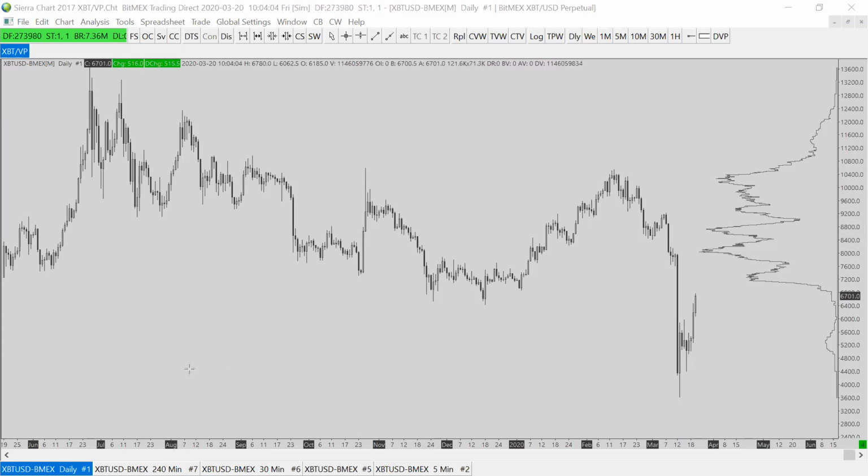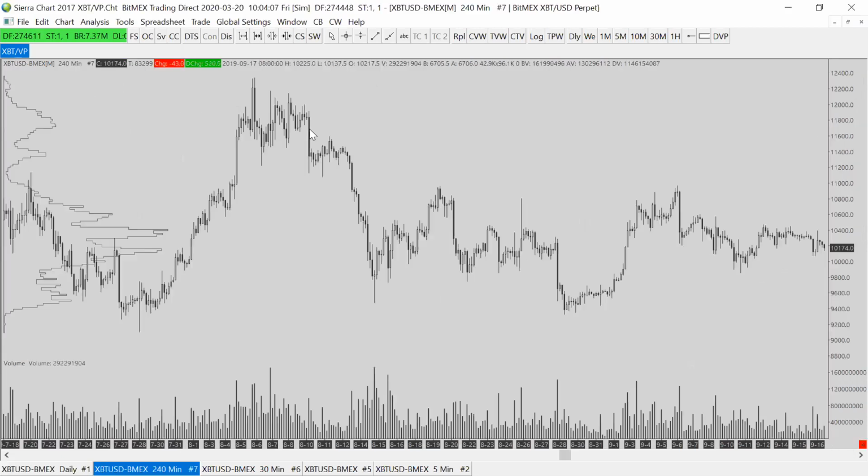Okay. As opposed to volume by time, down at the bottom here, which you're probably all familiar with, in which price is displayed on the x-axis, and that's of course how much volume was transacted in each bar.